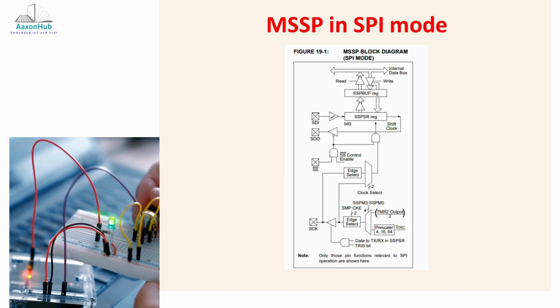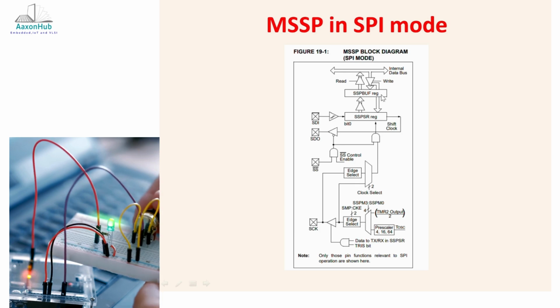Now here, the communication takes place on the basis of 4 basic registers: SSP con register, SSP stat register, SSP SR register, and SSP buff register. The data to be transmitted and received under SPI mode has to be loaded in the SSP buff register.